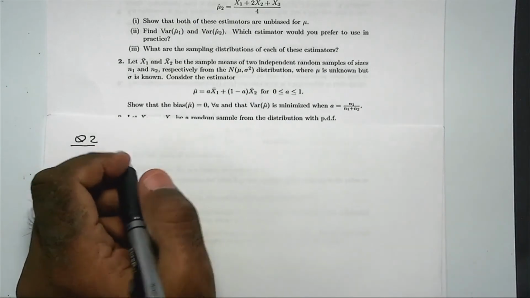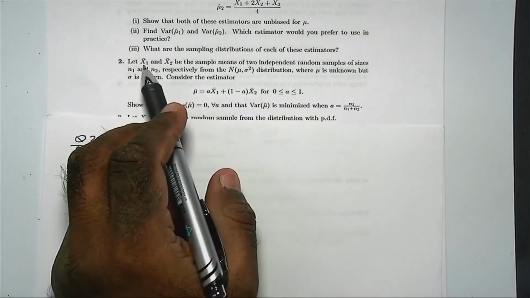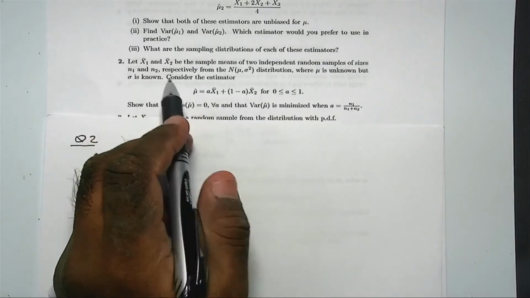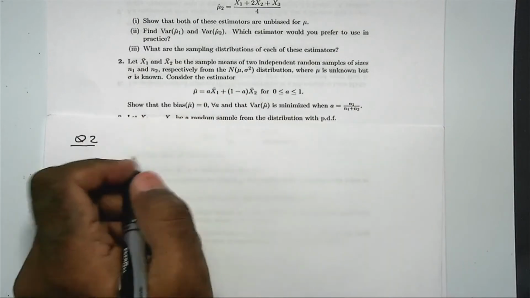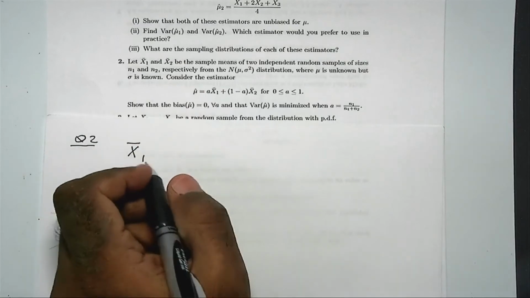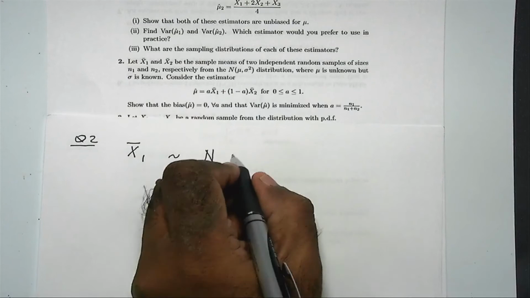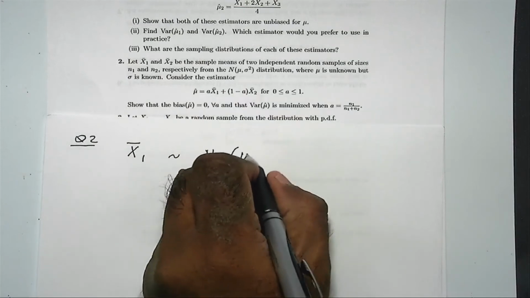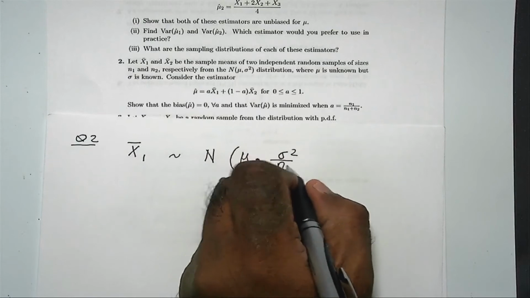The first thing you must realize is that because x bar 1 is a sample mean of a sample of size n1 from a normal distribution, using one of the properties I mentioned in the video on normal, it will have a normal distribution with parameters mu and variance equal to sigma squared by n1.